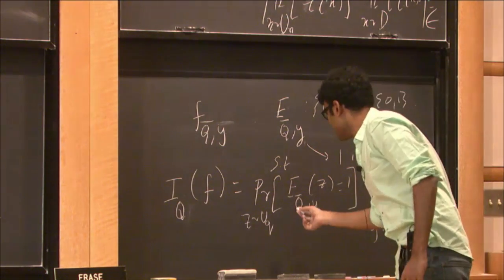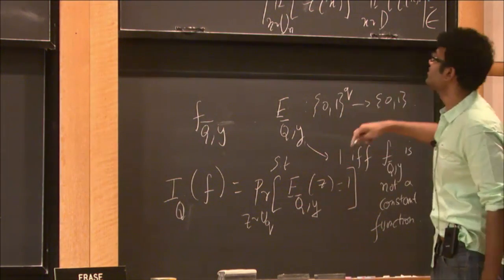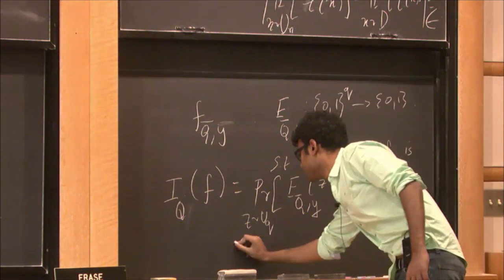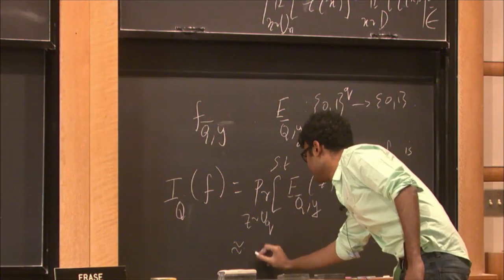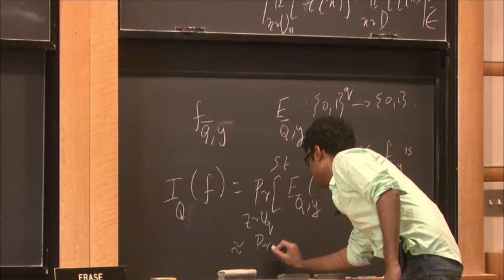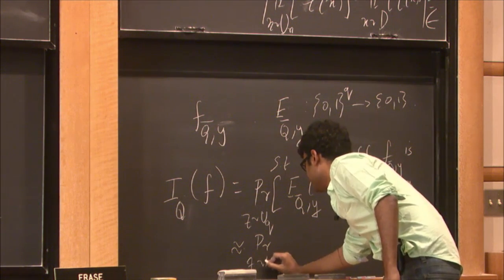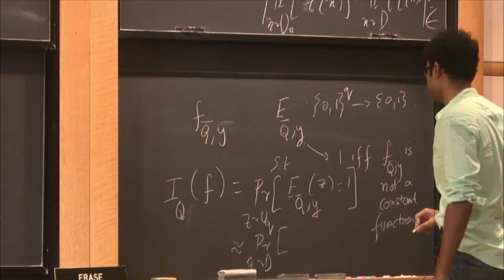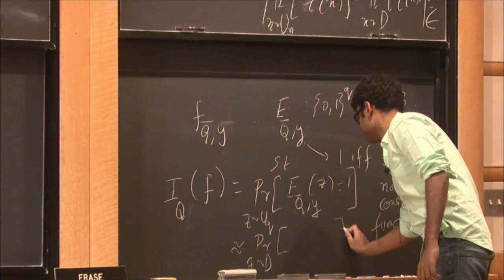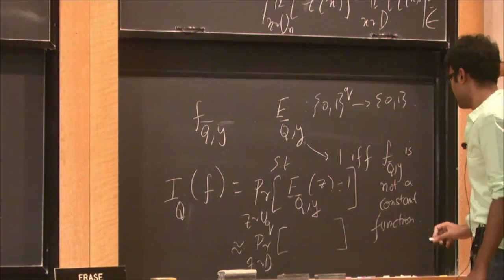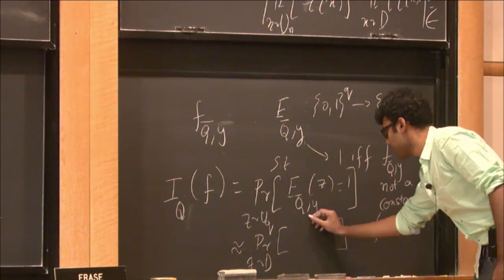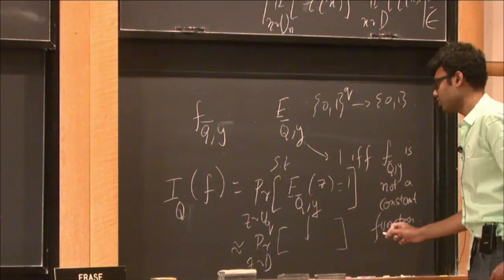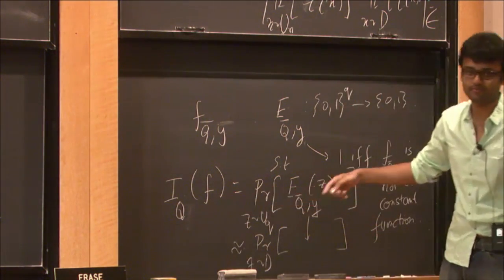So now we use the result of Braverman and say that the bias is roughly preserved when z is drawn from any t-wise independent distribution. And this translates into a bound on I_{q,t} of f.